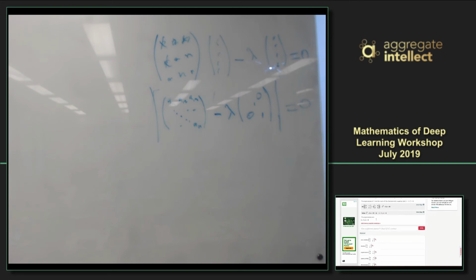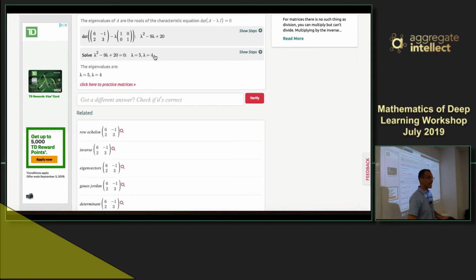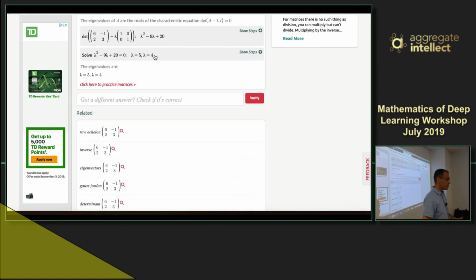And if we do that, you can calculate it yourself. The determinant is lambda squared minus 9 lambda plus 20 equals 0. And we solve that equation, gives me two answers. Lambda equals 5 or 4. So there we go. We have the answer to our problem.